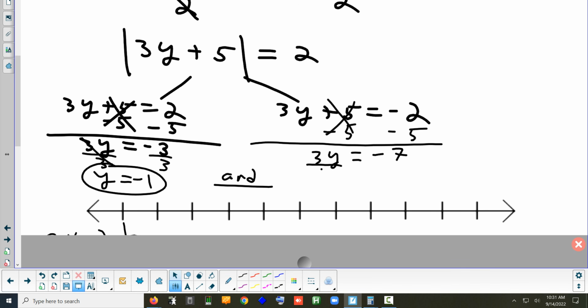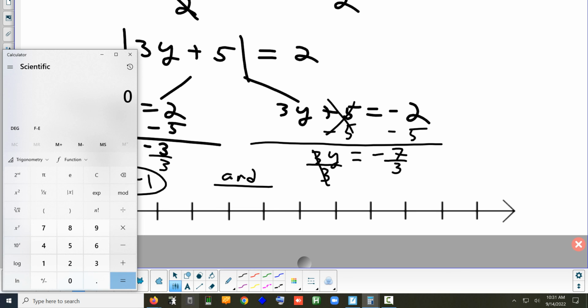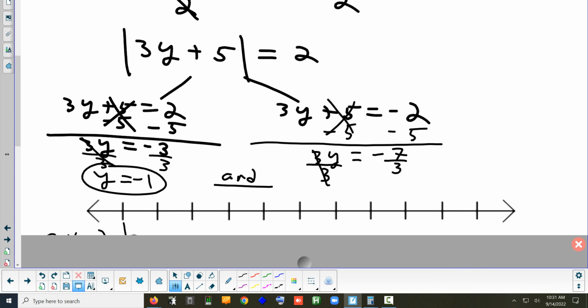When we divide by 3, we're going to use our calculator and we're just going to round it off. Let's do 7 divided by 3. That's supposed to be a negative. So that's negative 2.3.